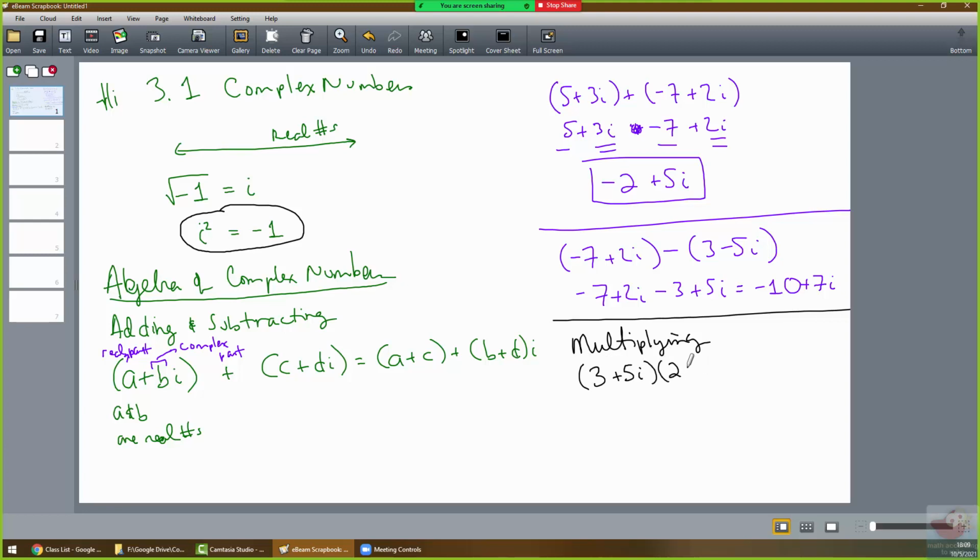There's not too much theory going on here. So if we had 3 plus 5i times the quantity 2 minus 3i, well, that's a binomial times a binomial. If you have a binomial times a binomial, what should you do?